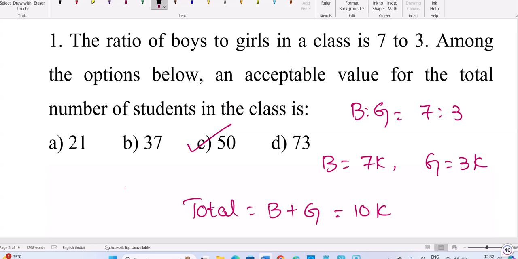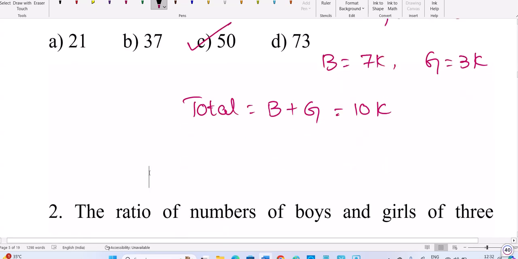I want integers. So 10K equal to 50, then K will be 5. Here K is an integer only. But if 10K is 21, K is 2.1. When K is not an integer, the boys and girls count is not an integer, which is not acceptable. Right? So that's why option C.